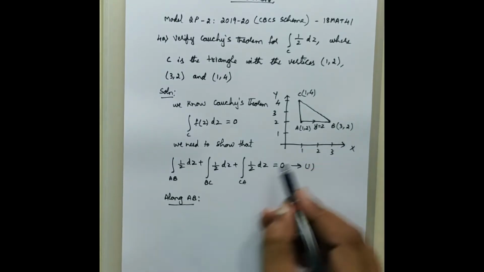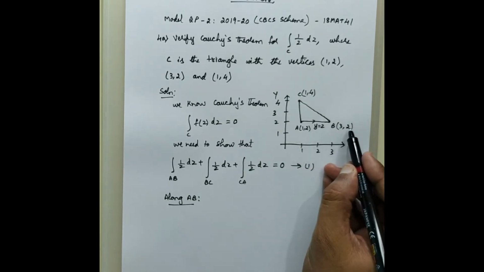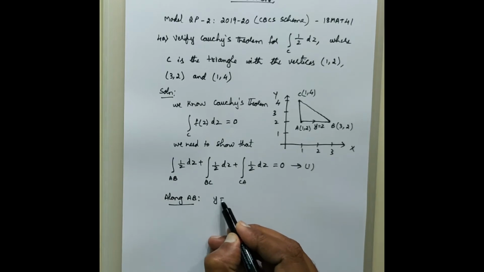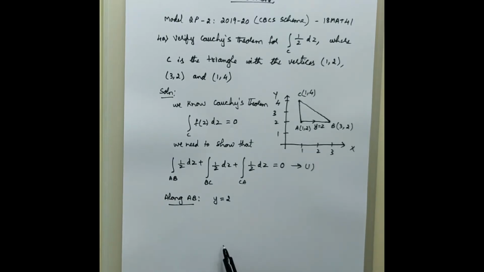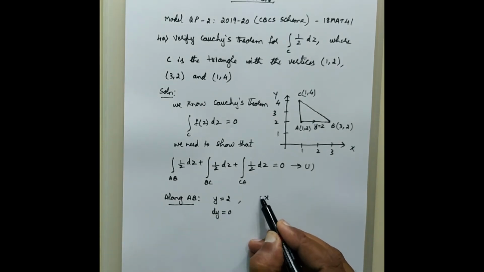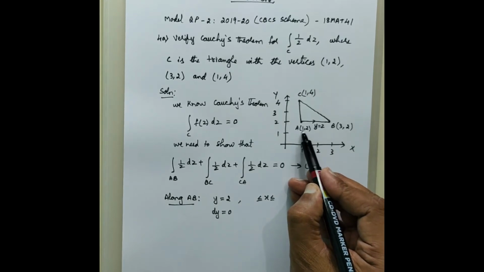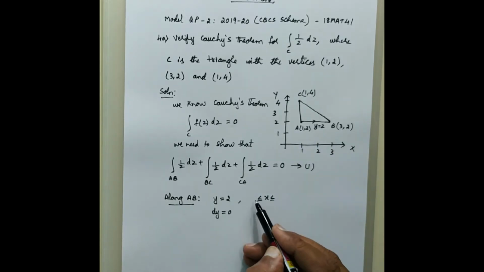You can see the y coordinate is 2 there. So we'll take the value of y to be 2. Differentiating, dy is equal to the derivative of the constant 2, which is 0. Then the variable x is ranging from 1 to 3.